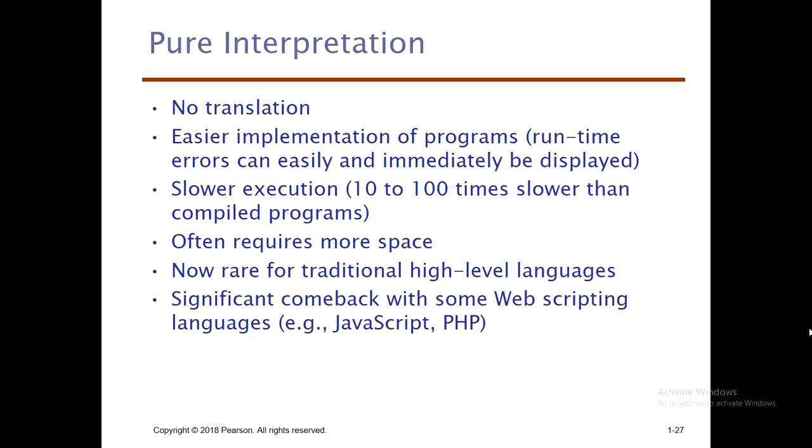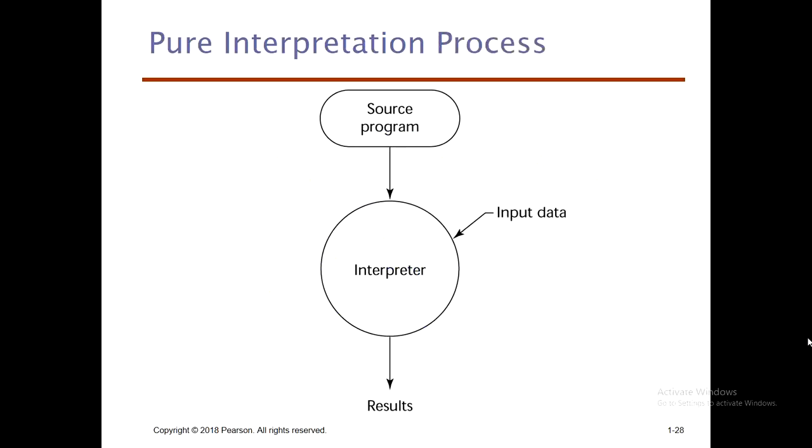So now it is rarely used for traditional high-level languages. Interpretation is not used for C++ or Java or C# or something like that. It is actually used for scripting languages like JavaScript and PHP and Python and stuff like that. So the interpretation process is just like this, a symbol like this.